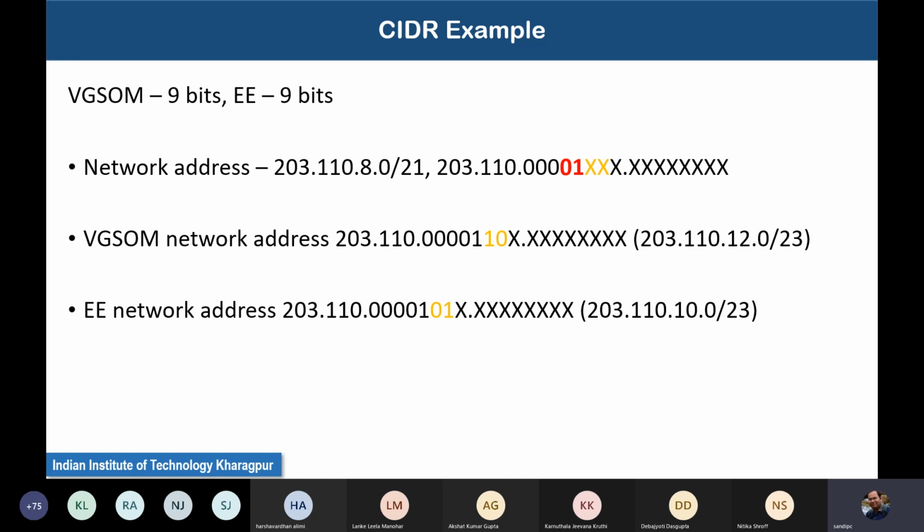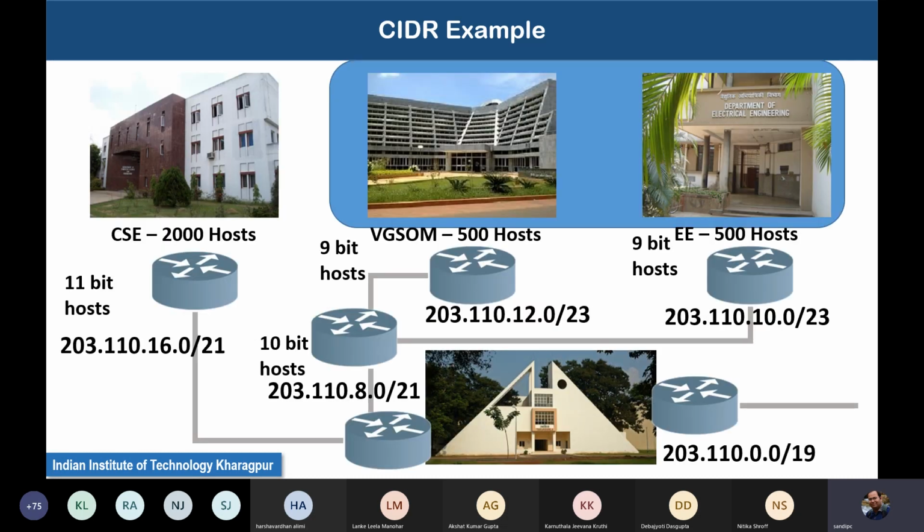Further, I make 203.110.12.0/23 the subnet for VGSUM, and 203.110.10.0/23 the subnet for EE. So I am dividing the entire thing hierarchically: one is /21, which I divide into 2 parts, and then /23, where I divide into 2 further parts.